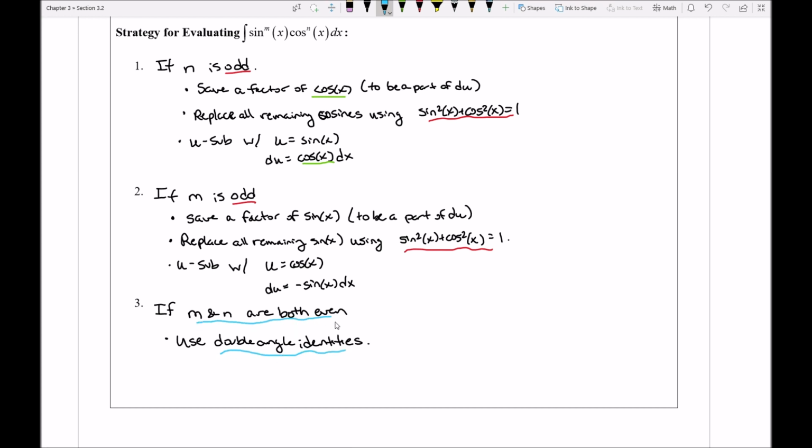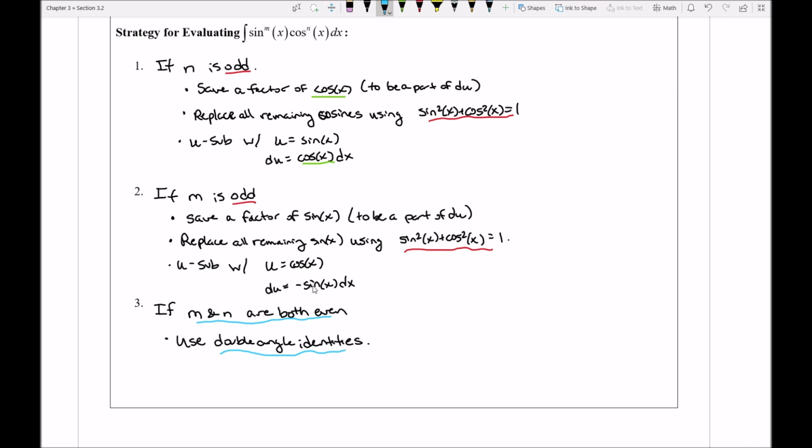So if these are both even, I'll tend to use those blue identities. Notice that if one was even and one was odd, I can kind of just use scenario 1 or 2 here. And if both m and n were odd, I guess I could kind of choose whether I want to do a u sub where I save a cosine or a u sub where I save a sine. The choice would really be yours.